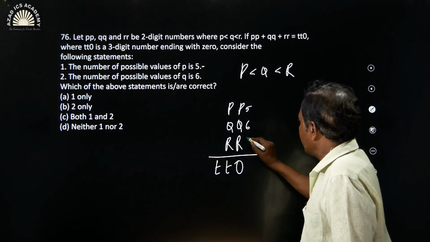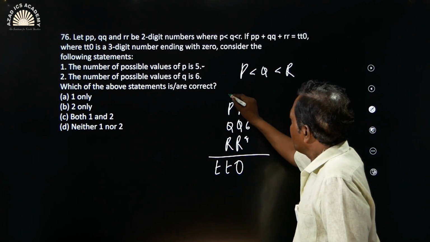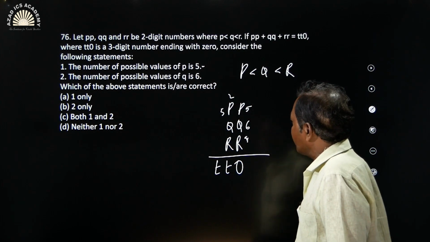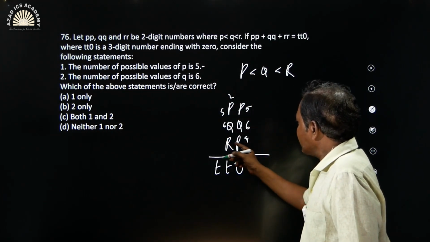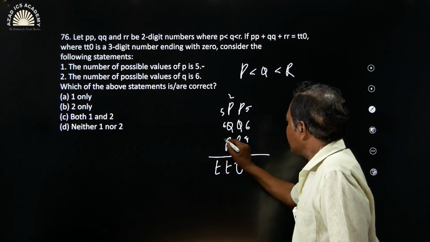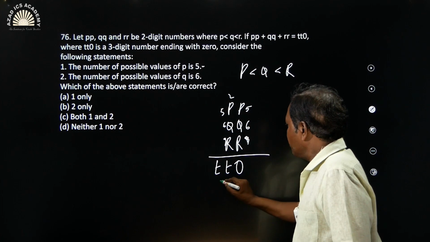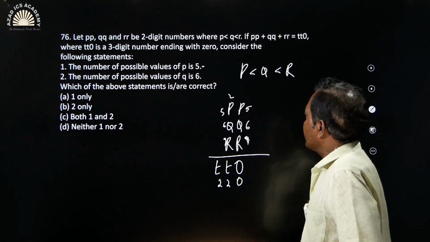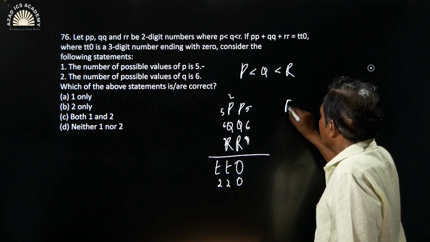Let us take this can be 9. 11 plus 9, 20. So this 5 can be treated as 5. 2 plus 5 is 7. 7 plus 6, 13. 13 plus 9, 22. We have taken R as 9. 2 is T. Anywhere 0 is there. Fine.